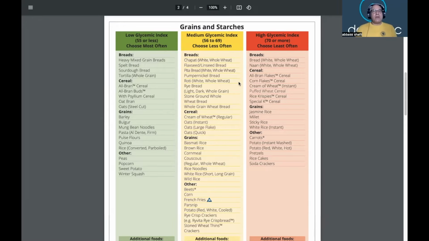Among the low ones are mixed grain, seeded grain, and sourdough. The tortilla, again, you have to see: not flour tortilla, but more of a corn or whole grain tortilla. And then to the extreme, the white bread, naan.